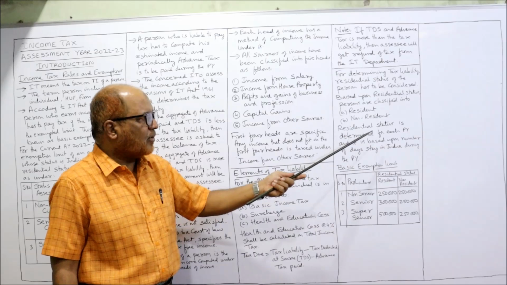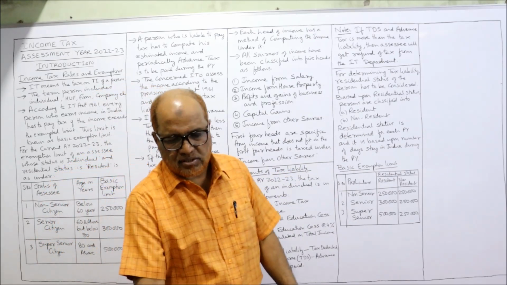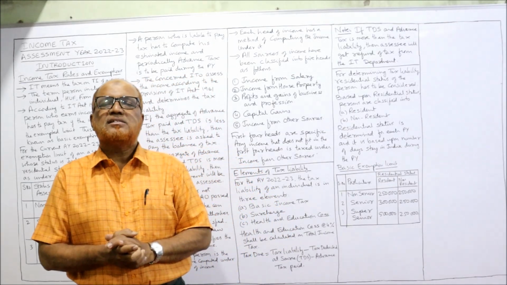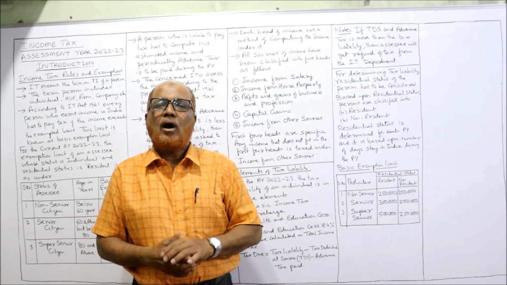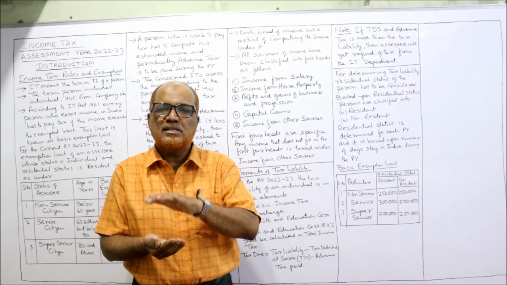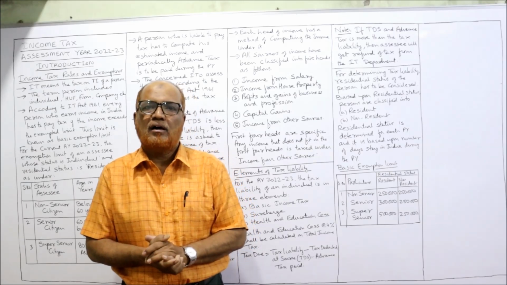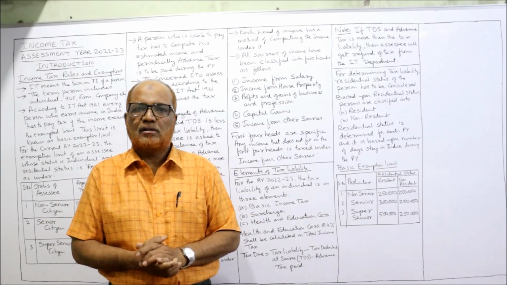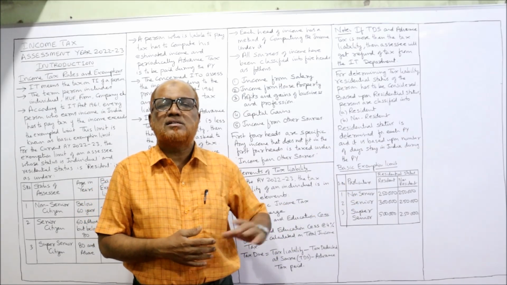Residential status is determined for each previous year and it has to be based upon the number of days in India during the previous year. This residential status of an individual depends on how many days the person stays on the land of India during the previous year. So every previous year we have to determine the residential status.